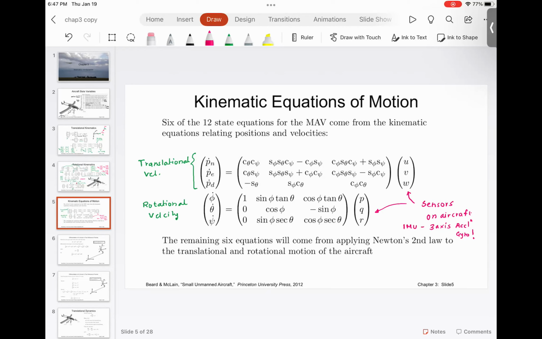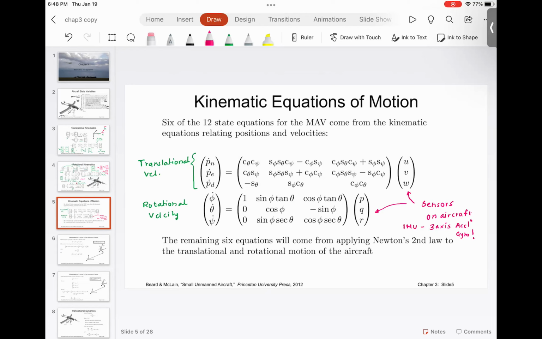You get gyro measurement P, gyro measurement Q, gyro measurement R. You use the previous rotation matrix to update the values for phi dot, theta dot, and psi dot. Everyone understood this? You get phi dot, theta dot, psi dot. You multiply that by the time step, and that gives you phi, theta, and psi.